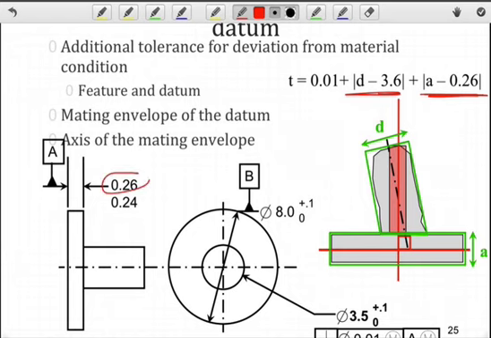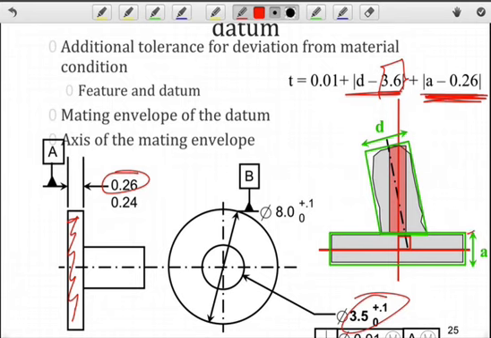So its maximum material condition, largest in this case because it's solid, is 0.26. This hasn't changed from the previous example, still 3.6 here. And now we have this additional tolerance more than we had in the previous example.